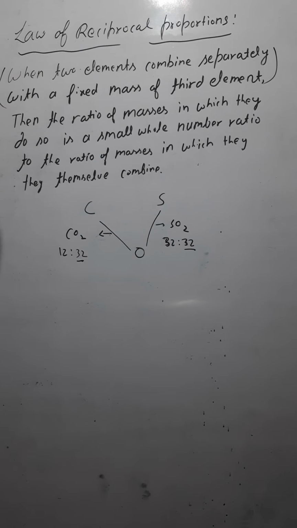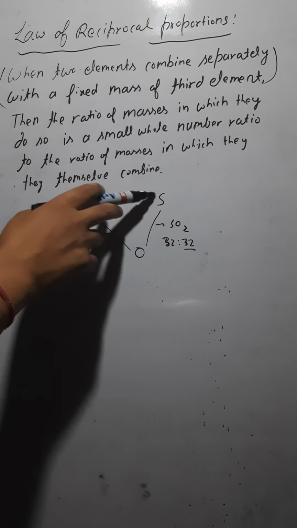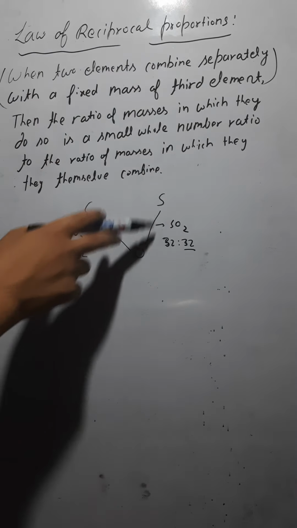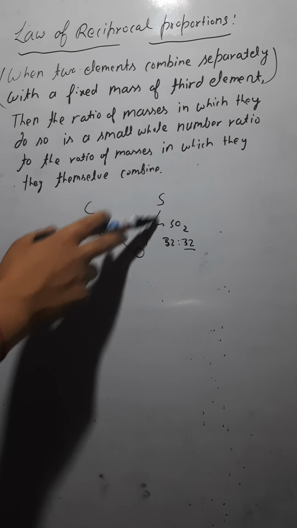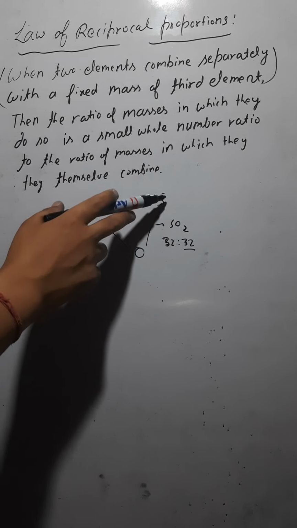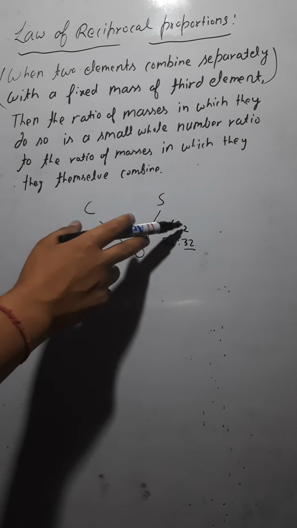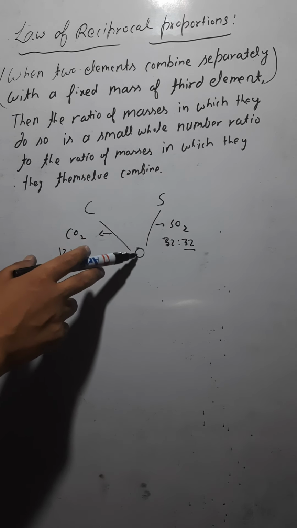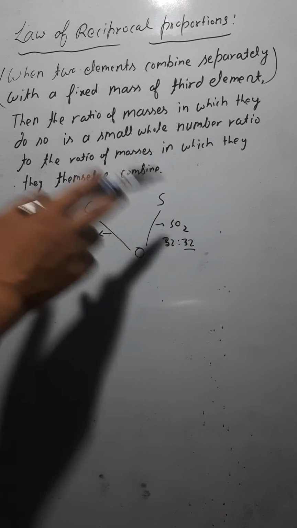These two elements are combining separately, here they are forming this and here they are forming this, with a fixed mass of third element, that is 32.